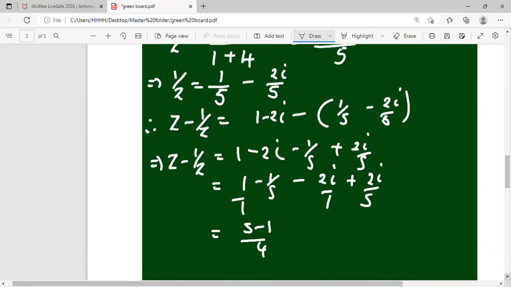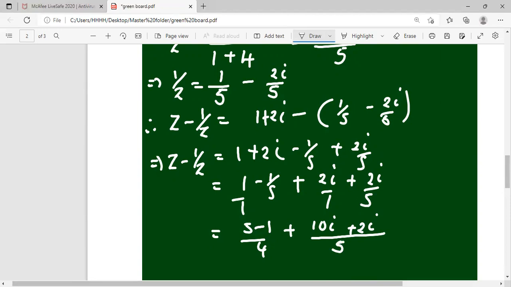So it's very important. This is supposed to be plus. So once we say plus, 5 by 2i, you have 10i plus 2i divided by 5.